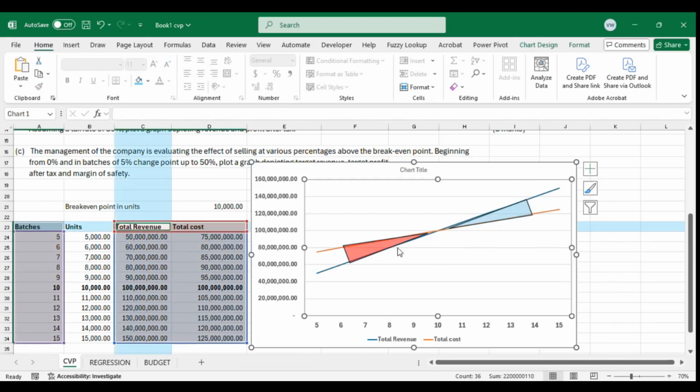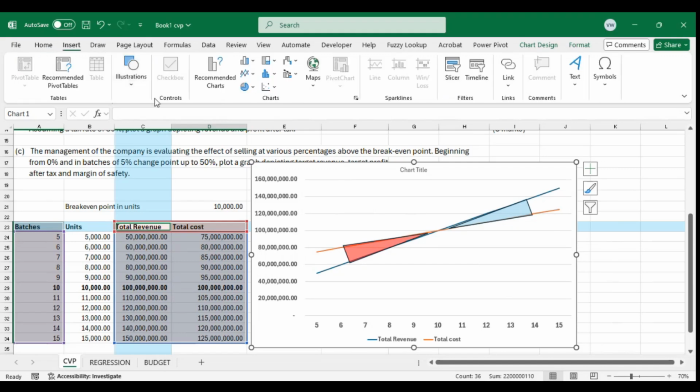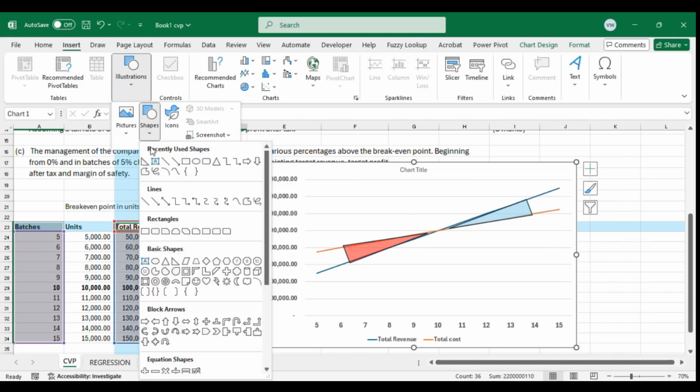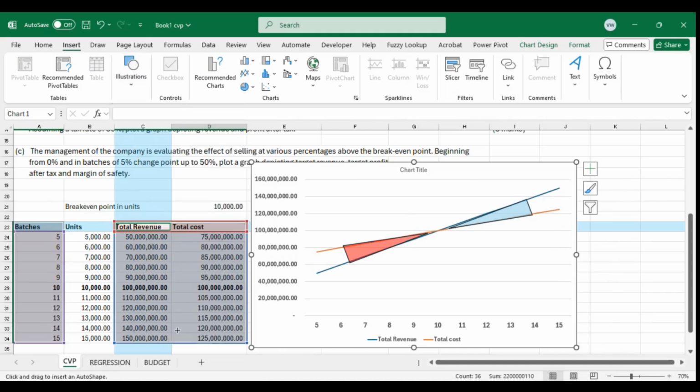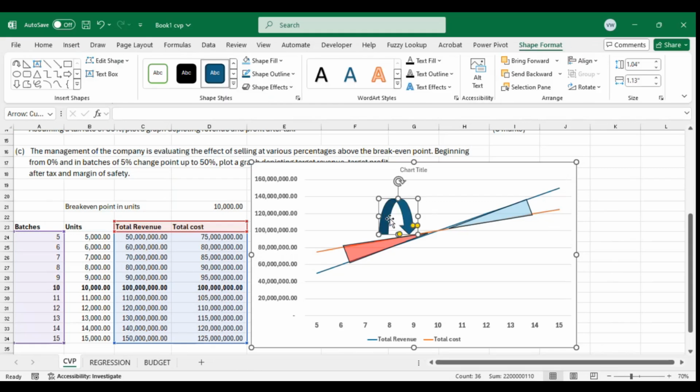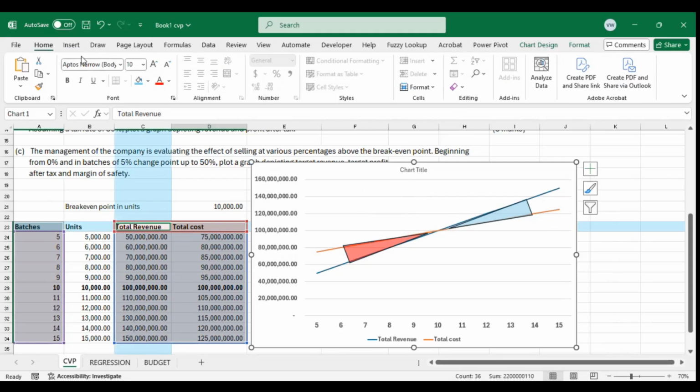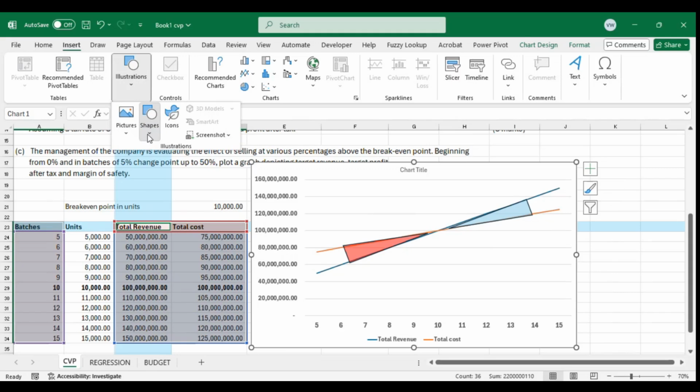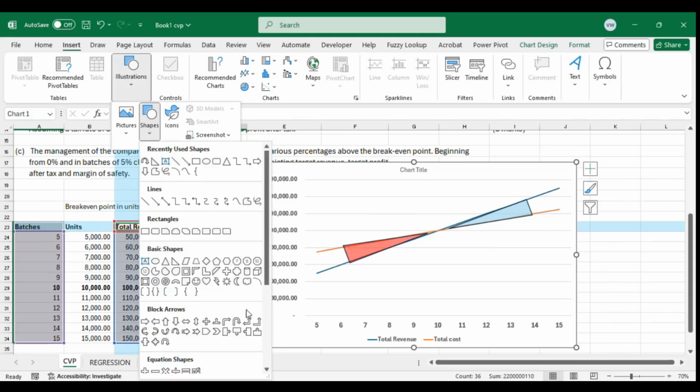We can now show that it is the profit region or loss region. So let me see how we can best present that. Let's go to our shapes and try to look for something. Okay, we can use a normal arrow. We don't need to. Let me look for a better shape that we can use for that, a pointer.